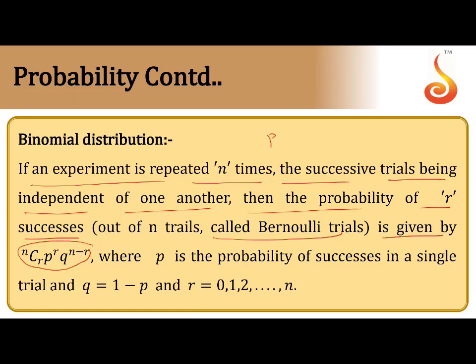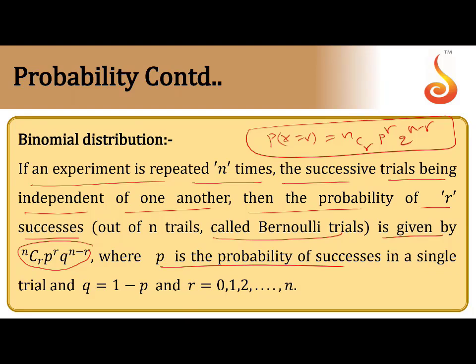That means P of x equal to r is equal to nCr p power r q power n minus r. What is p? p is the probability of success in a single trial. That's important. q is failure, that means 1 minus p. And r can take values from 0 to n, any value.